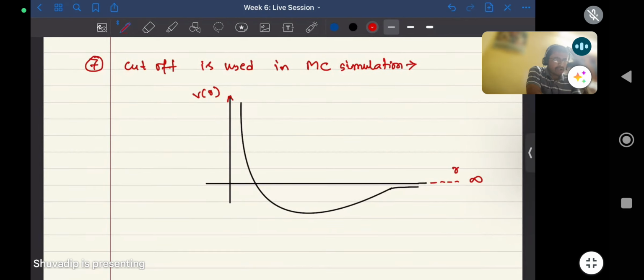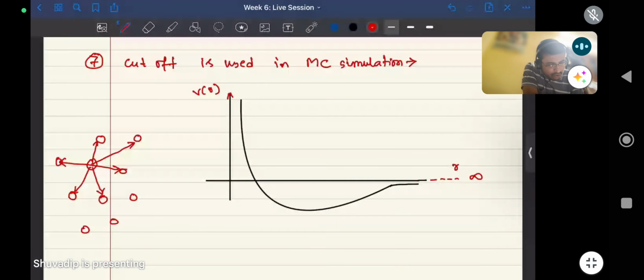But if we want to calculate the potential interaction between all the molecules up to distance infinity, that will be a huge task. So suppose you have molecules like this. Now you have to calculate pairwise distance between each molecule and what is the interaction strength between that pair, like this. Now what we do actually, we fix the cutoff distance like this and we calculate interaction only if inside this cutoff.